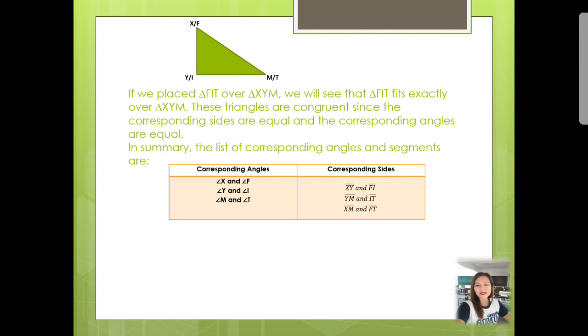These triangles are congruent since the corresponding sides are equal and the corresponding angles are equal.